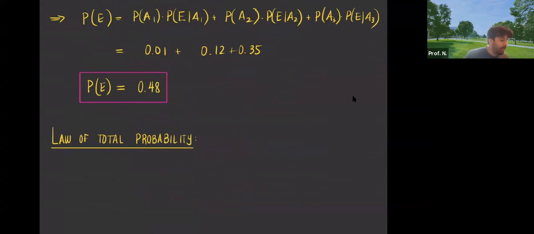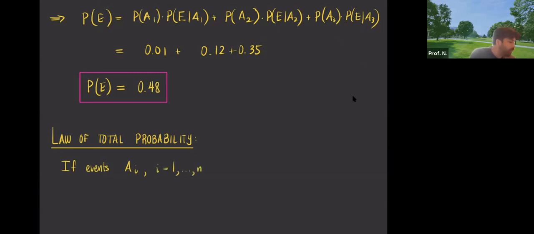So it says that if you have mutually exclusive events, let me just get the right formula for this. Yes, so the law of total probability says the following: if you have events, I'm going to call them A sub i, where i goes from 1 all the way through n.